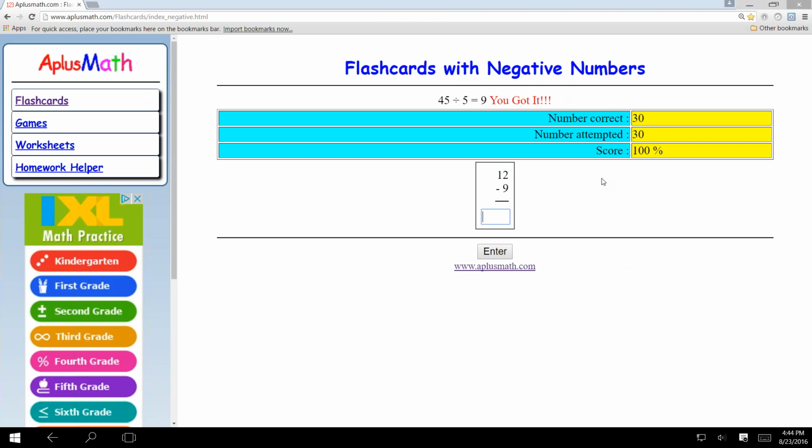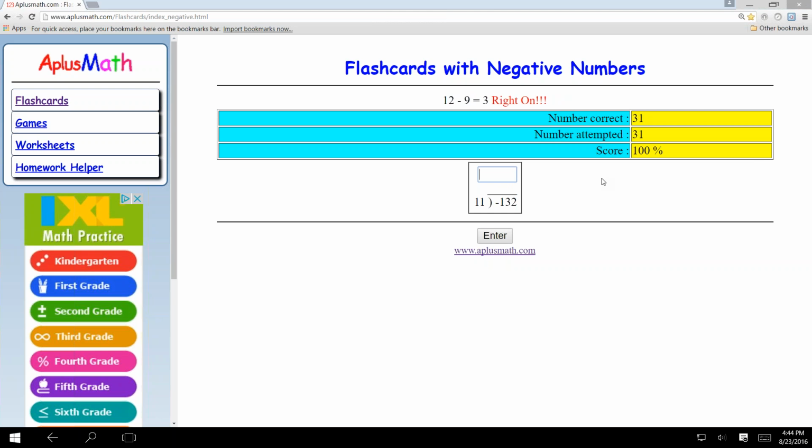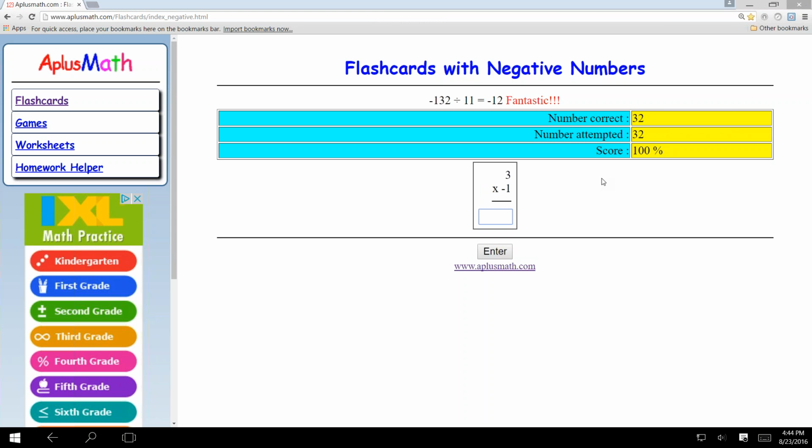9. 3. That's a little harder. 12? I think -12. I think it is 12. Yes.